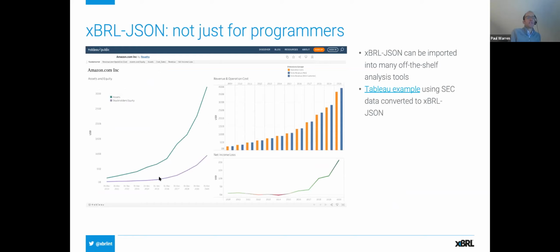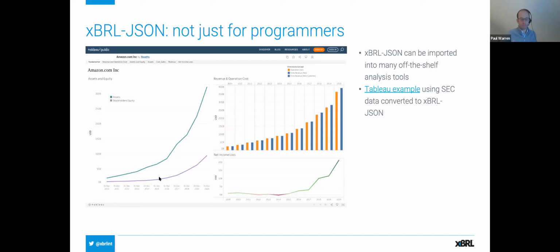xBRL-JSON is sufficiently simple that it can be loaded directly into many off-the-shelf analysis tools. My colleague Revathi has done a good amount of investigation, taking SEC examples, converting them to xBRL-JSON using standard XBRL processors, and loading them into Tableau. And what you see on the screen here is just a simple example of what's possible by loading xBRL-JSON data directly into Tableau and producing analytics and metrics from that.